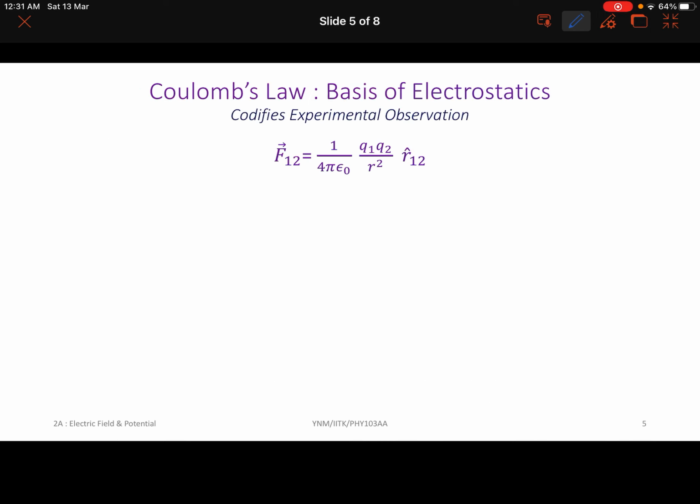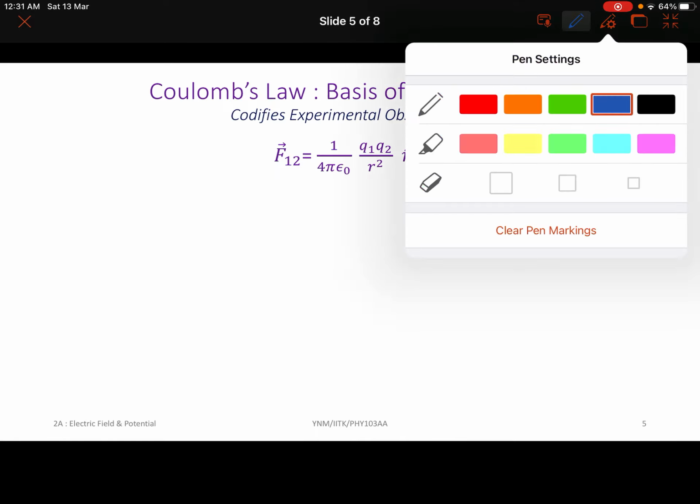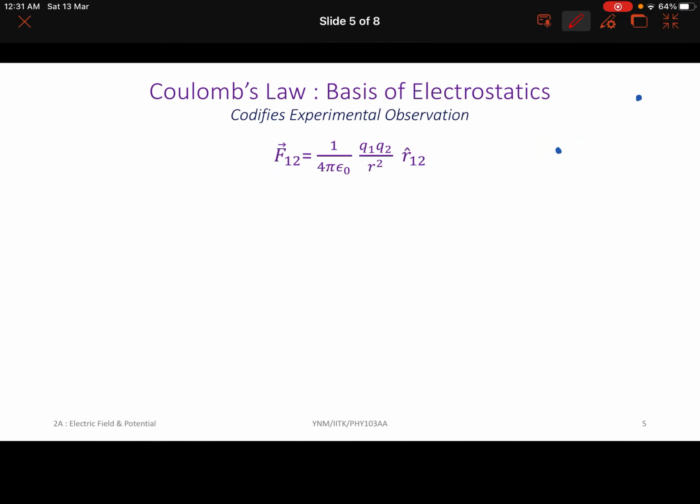Let's come to Coulomb's law basics. This is the basis of electrostatics. What it does is codify all experimental observation. So we know that if there is one charge, Q1, and there is another, Q2, then the force on 2 due to 1 is in the direction which connects the two, R12.